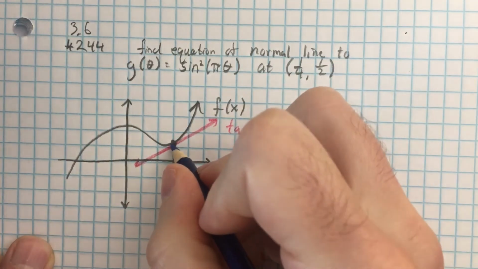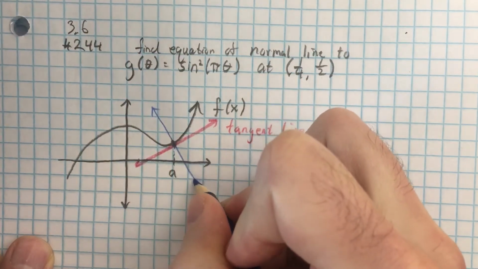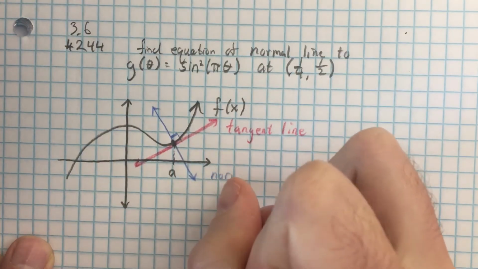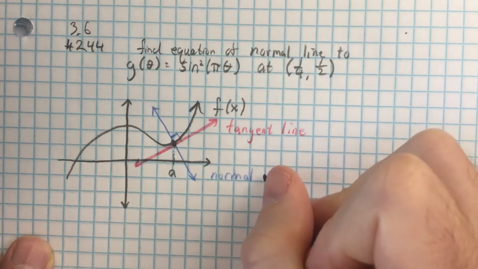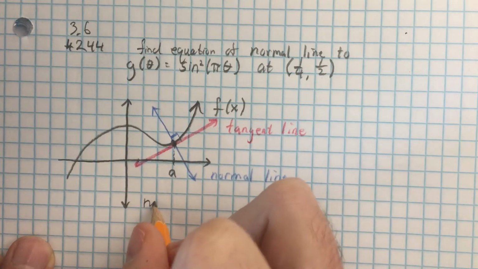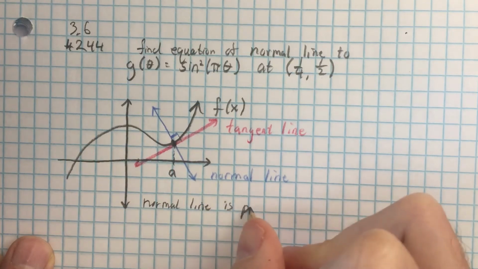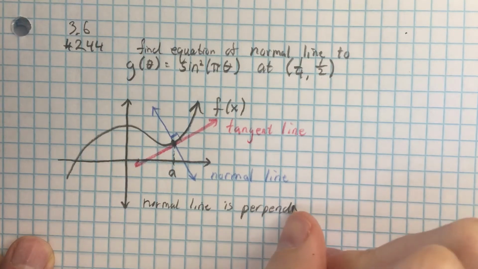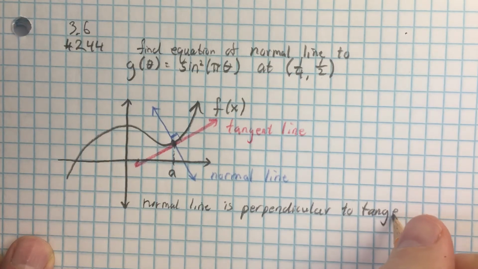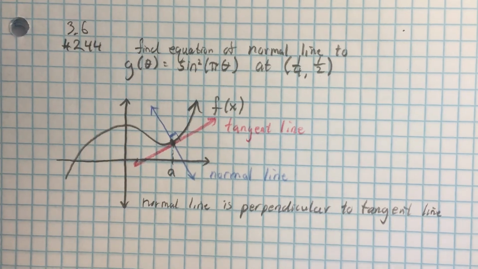So if that's the tangent, then this would be the normal. So the normal line is perpendicular to tangent. Okay. Normal line is perpendicular to tangent line.